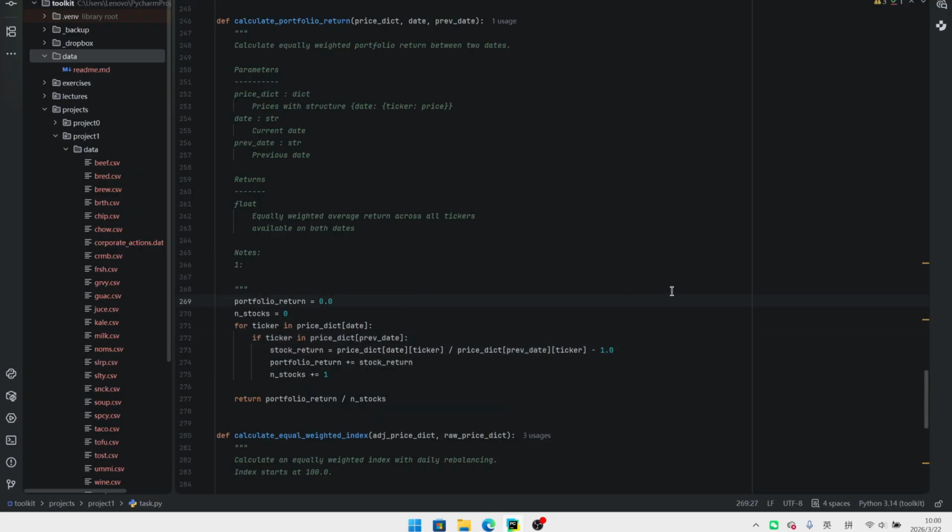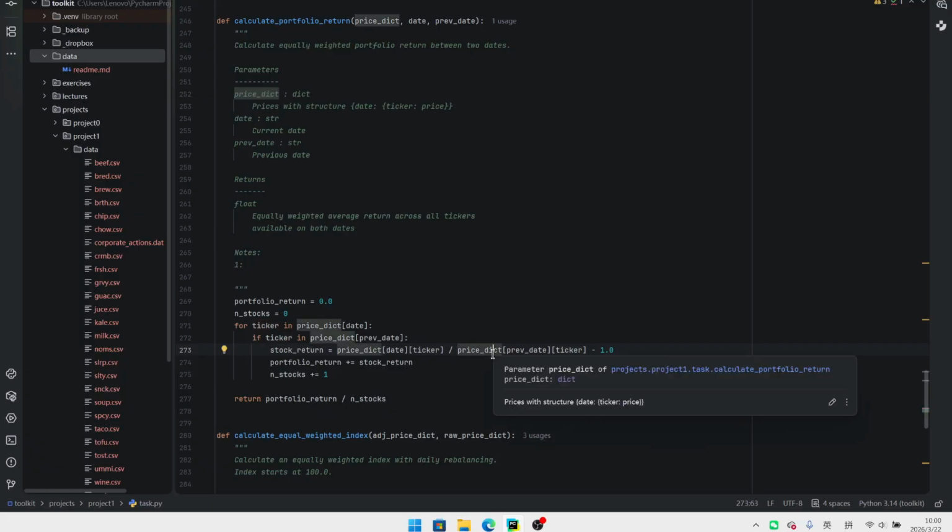Stock return is the price dictionary, date, ticker, so it's in the price: this time's price divided by the previous date's price, minus 1. So that's the return.